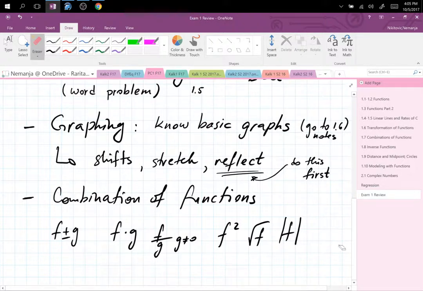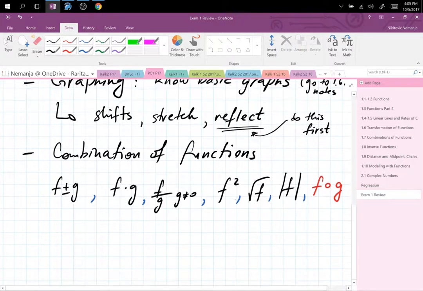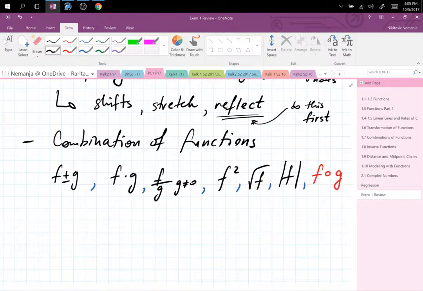I'm going to put that one in red. It's a function composition, and it is extremely important, because that one is used over and over and over again.